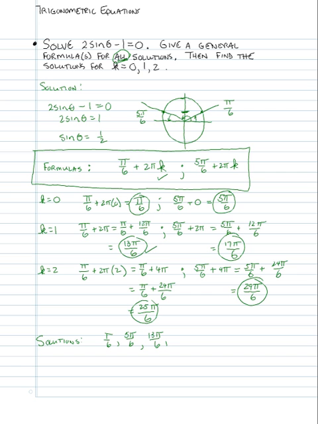And then of course we have 17 pi over 6, and then 25 pi over 6, and finally 29 pi over 6. And there's a whole lot more. There's an infinite number of them. But at least we've written the ones that go with k equals 0, 1, and 2. A total of six solutions.